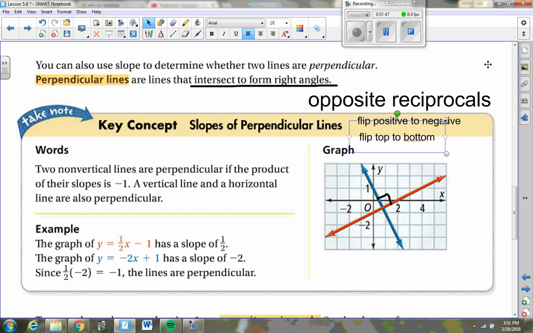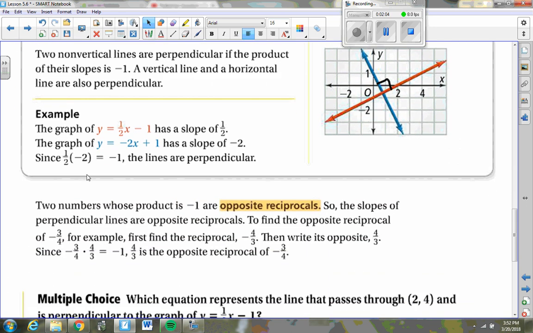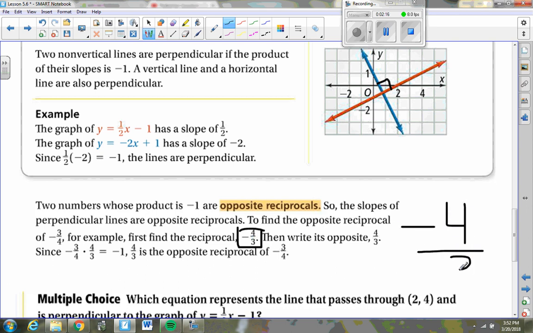So two things we have to do in order to find opposite reciprocals: flip the positive to negative, or negative to positive, of course, and flip the fraction top to bottom. As an example, if I have negative 4 over 3 as my slope, and I want the opposite reciprocal, I'm going to do two things.